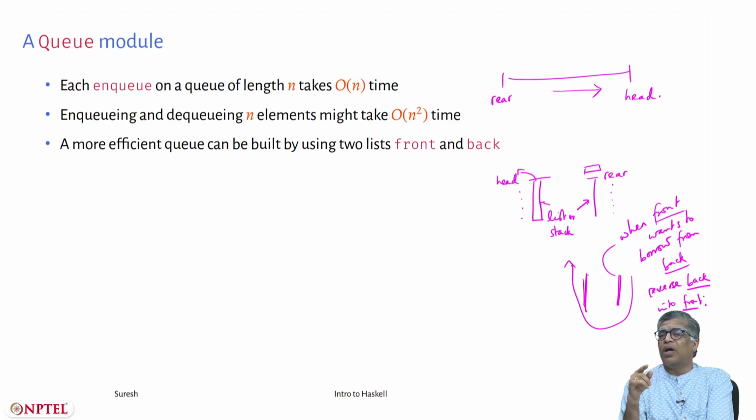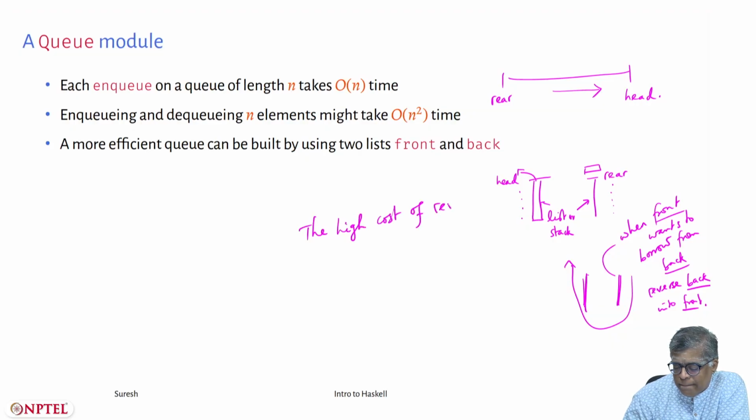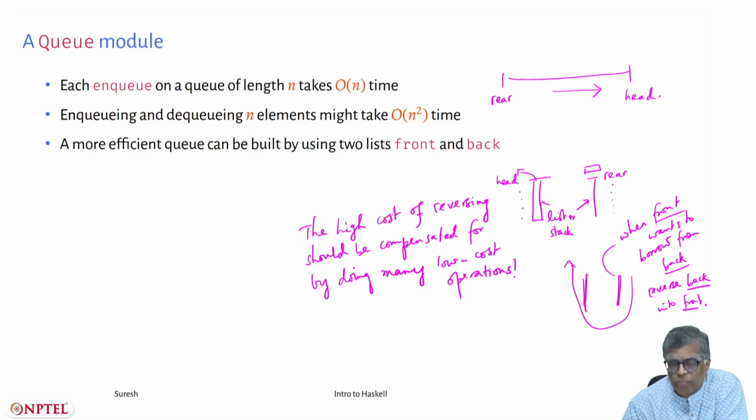So the hope is that you will only occasionally do this reverse, and every time you do the reverse, the time you took there should be compensated for by doing many low cost operations. This is the hope, and let's see how we can actually achieve this.